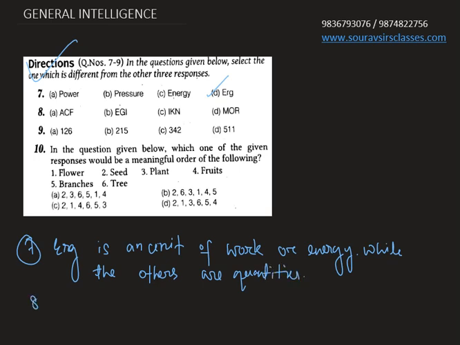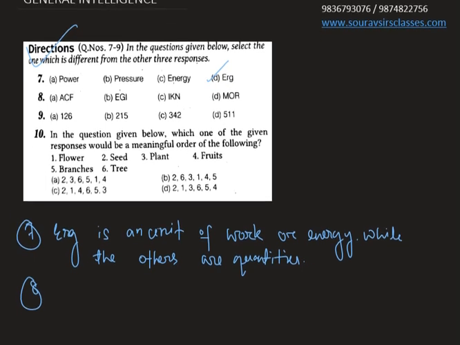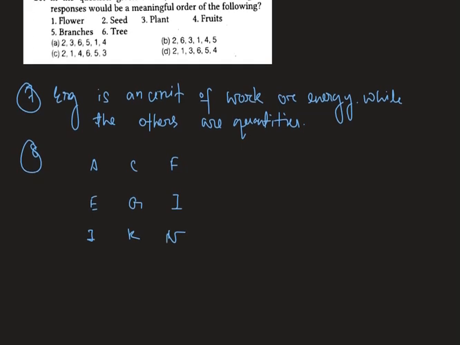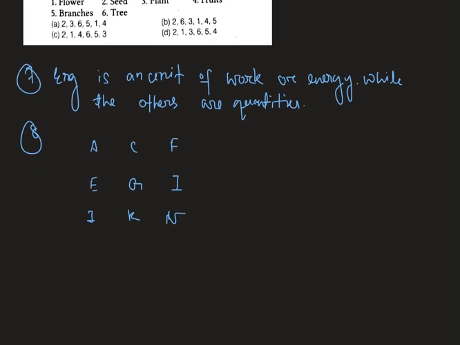Now let's see the next one. Here we are given four clusters of letters. First of all we write the different clusters of letters, and we now convert the letters to their positional numbers. The last cluster is MOR.